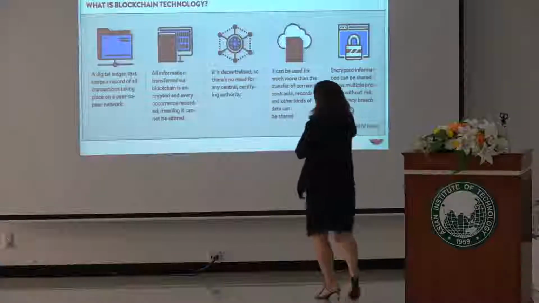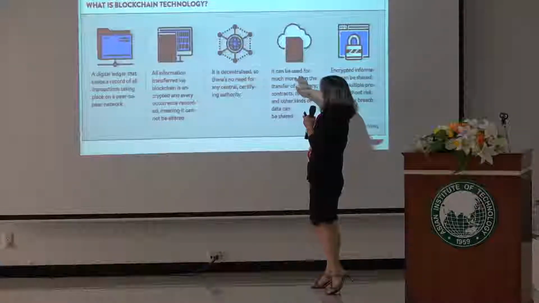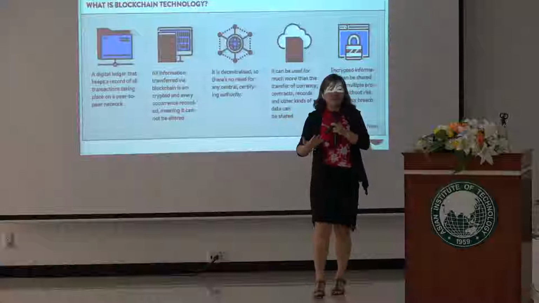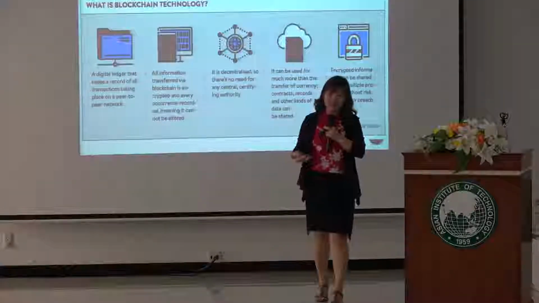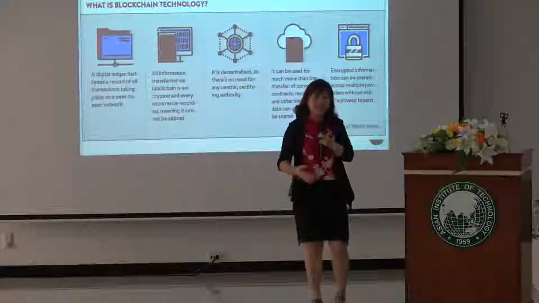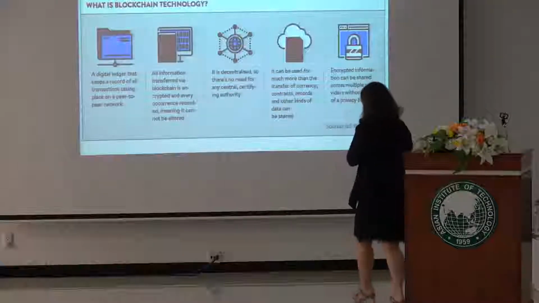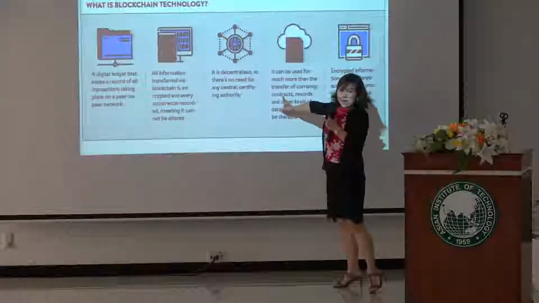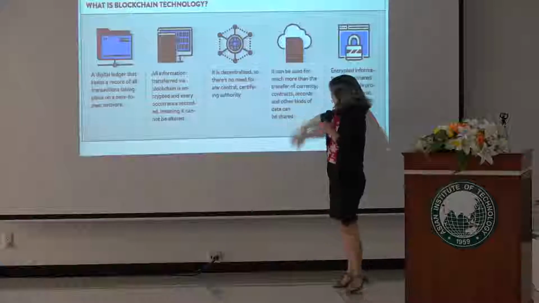And of course, blockchain technology supports not only the transfer of money or currency, what we call cryptocurrency, but it can be used for many other things like contracts, records, and other kinds of data.